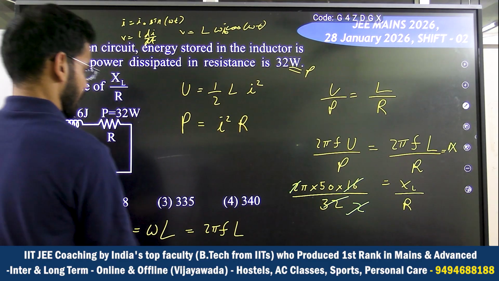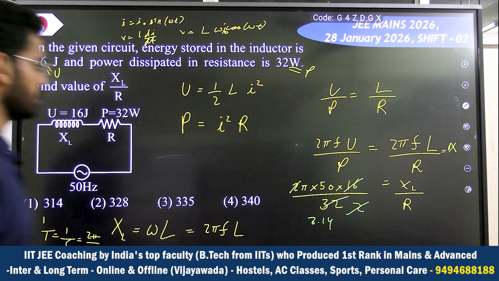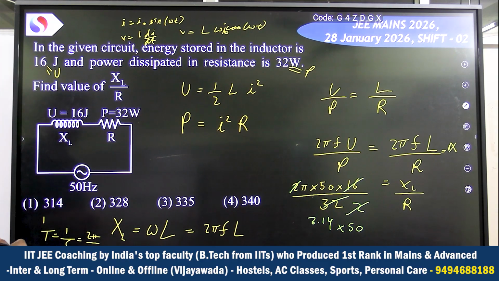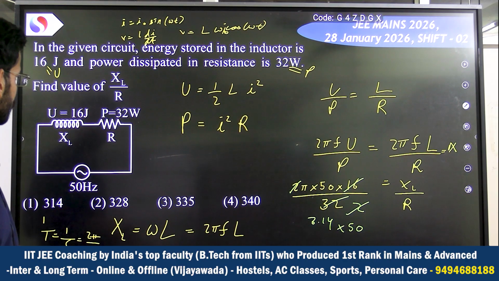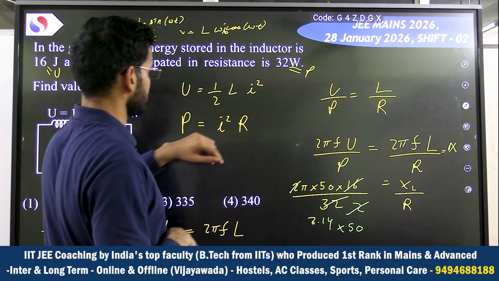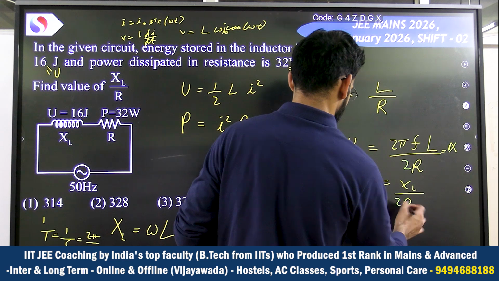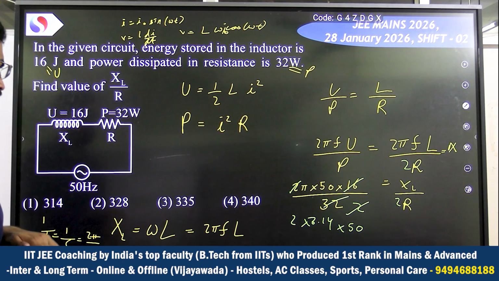So 50 pi is approximately 3.14 into 50, about 150. One thing we missed: the half here will come, that means 2. Here 2 will come, so these 2 will multiply here. One more 2 will come, so 100, so 314.